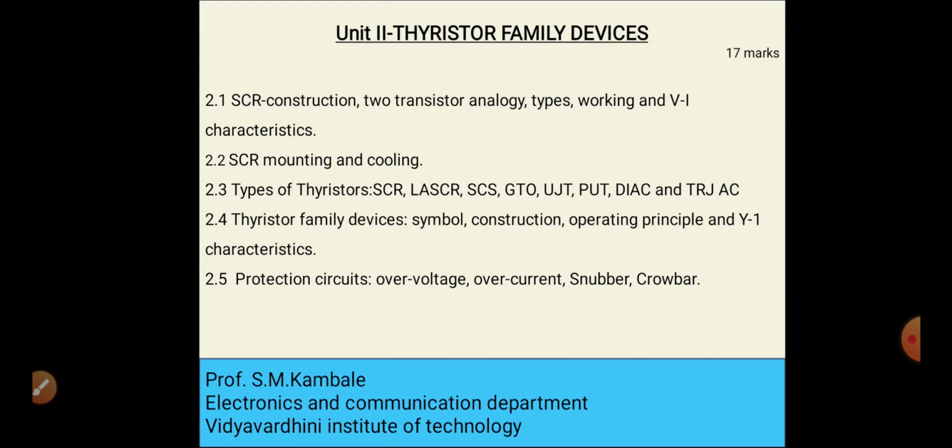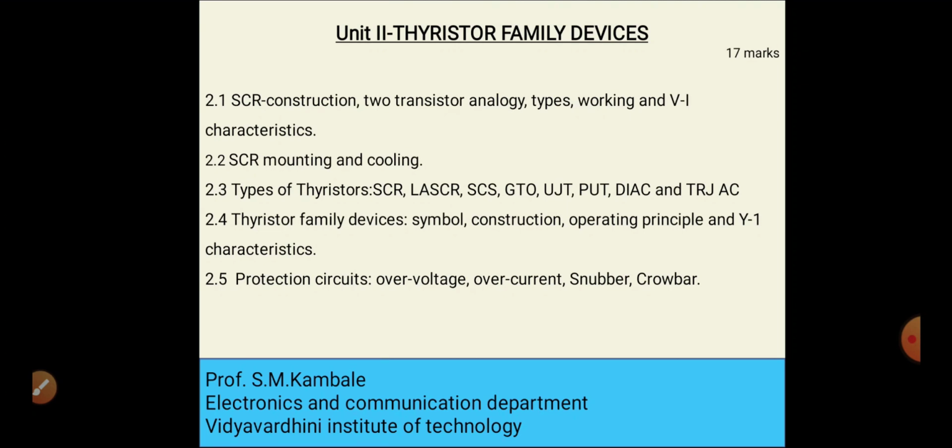Third is types of thyristor, which we have already discussed. Now the fourth is thyristor family devices. Similar to the types of thyristor, we have already discussed the thyristor family devices. Also the last point is protection circuits, because here a large amount of heat, power, current and voltage is generated, therefore we need various types of protections.